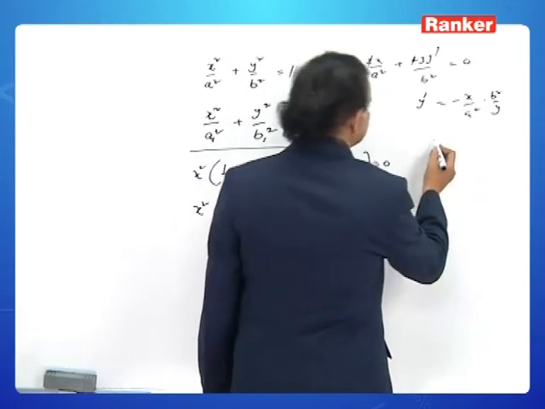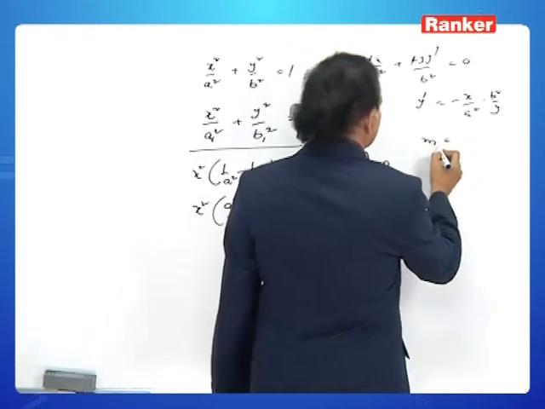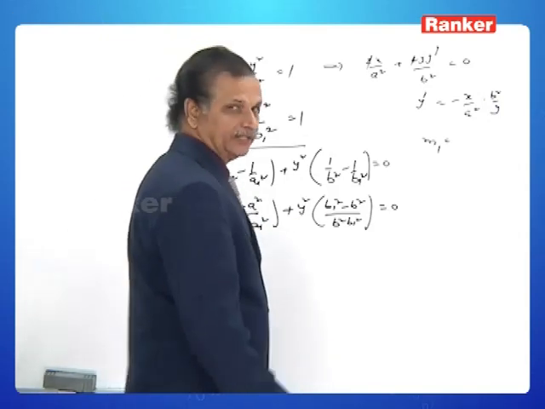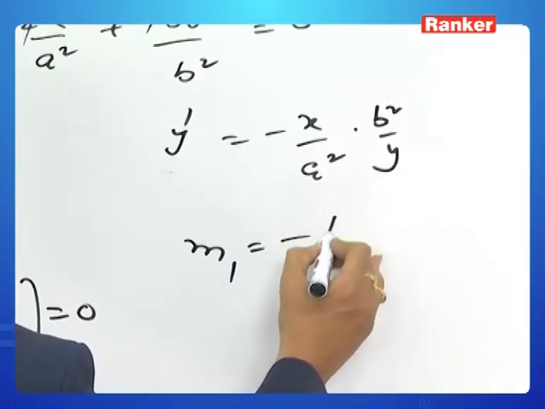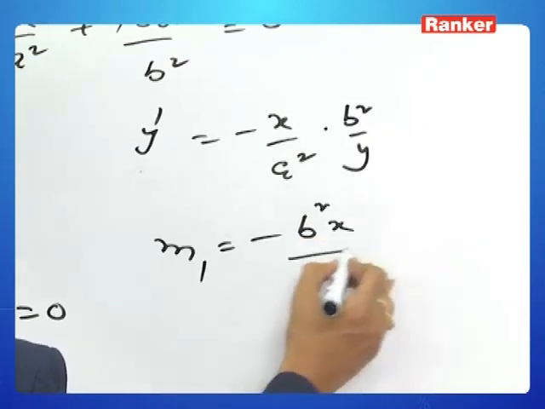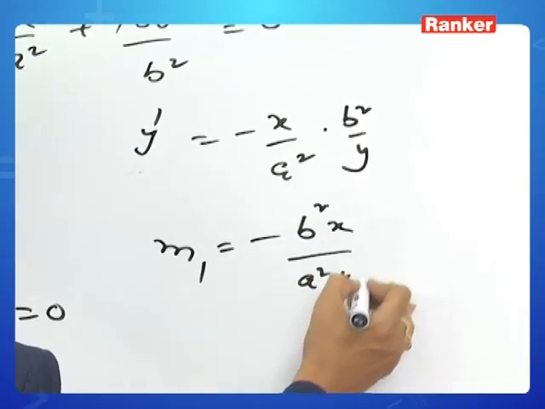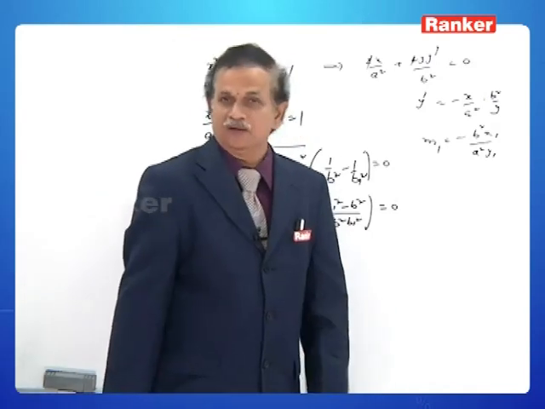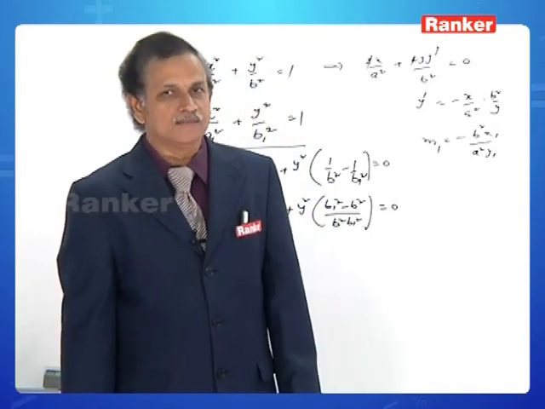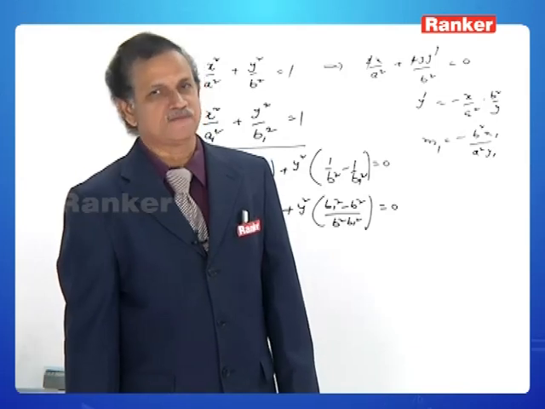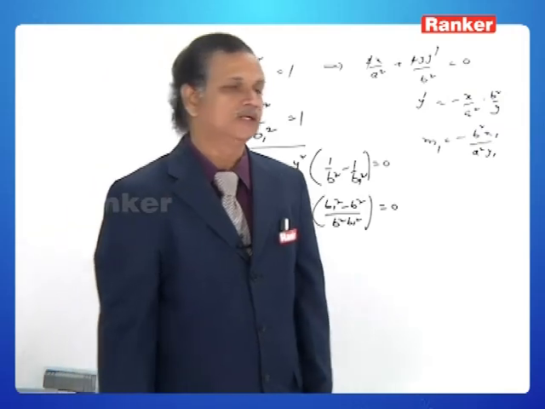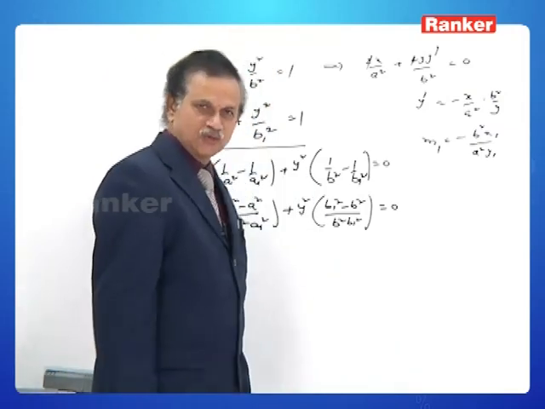Therefore, this is m1. What I mean to say is the slope of the tangent at x1, y1 on the first curve is minus b squared x1 by a squared y1, because I am assuming that one of the points of intersection of the two curves is x1, y1.